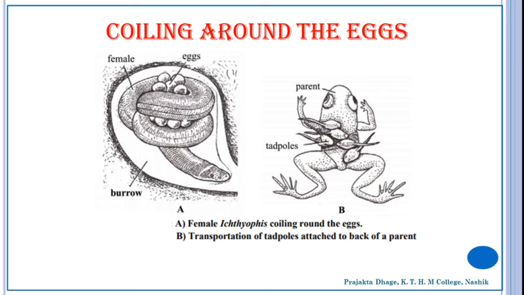In the salamander, Ensatina female lays eggs in small packages in the hollow spaces of rotten logs or below rocks. Here she lays the eggs and then coils around them, resulting in their protection. Now, another way is the transportation of tadpoles attached to the back of the parent. We are going to see it further also.